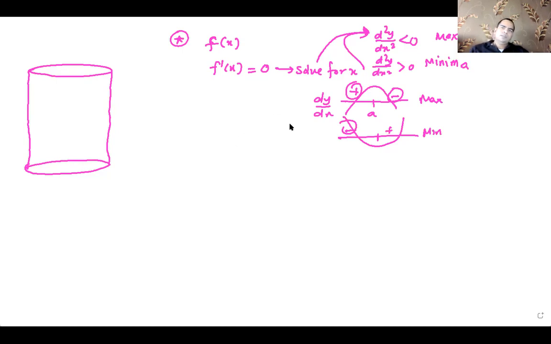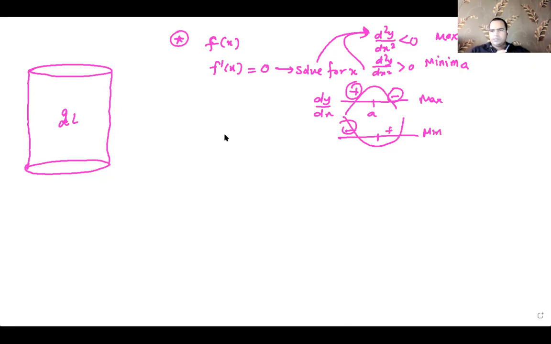Now, typically optimization problems look like this, where you have a certain constraint. Let me give you an example. There is a cylinder that needs to have a volume of, let's say, 1 liter, or for that matter 2 liters.